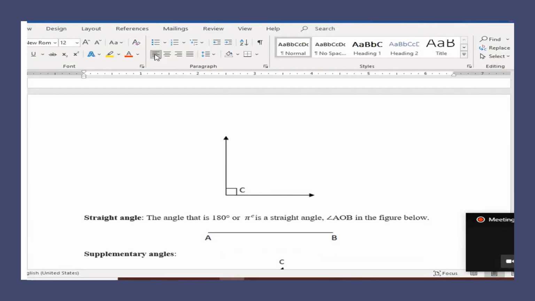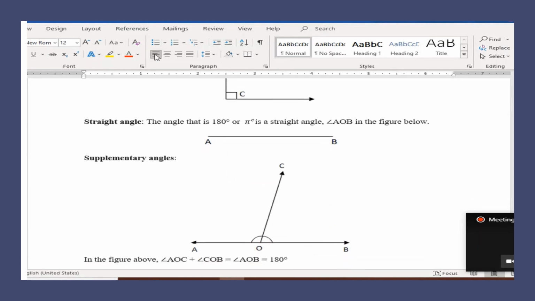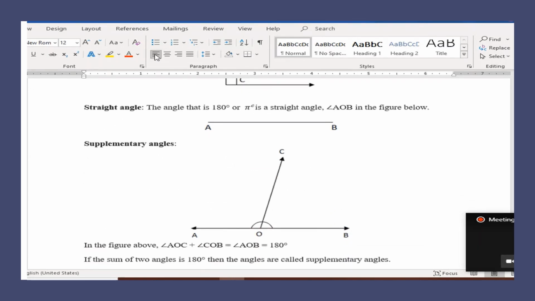Then we start with the properties, the line properties. The first line property is known as supplementary angles. In the figure above, angle AOC added to angle COB gives you the angle AOB, which is 180 degrees.